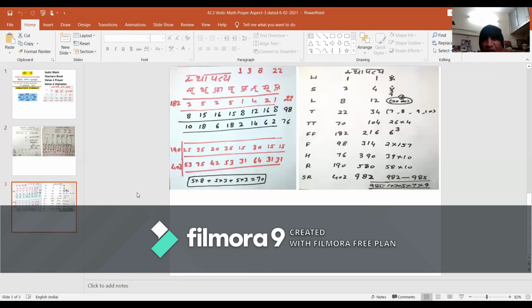The third column is having sequential summation, which takes 1 to 4, then to 12, and ultimately at 982.